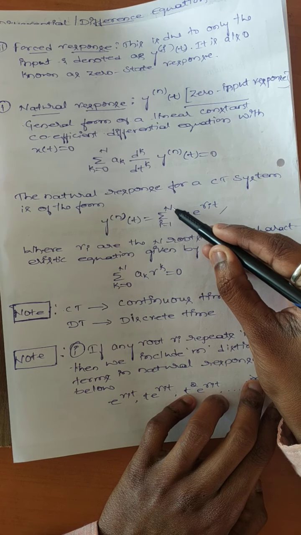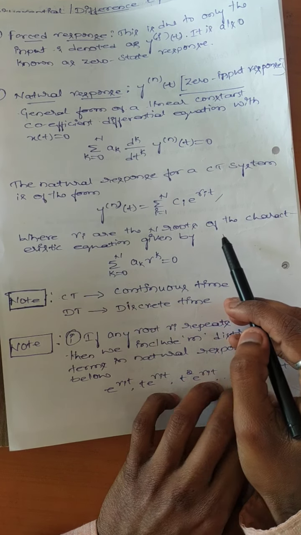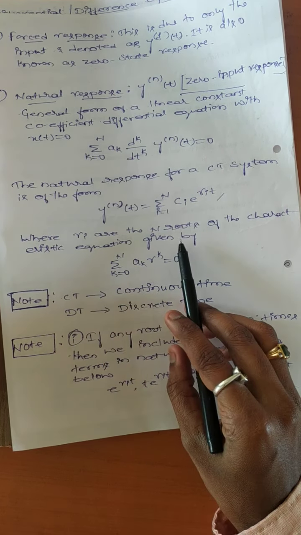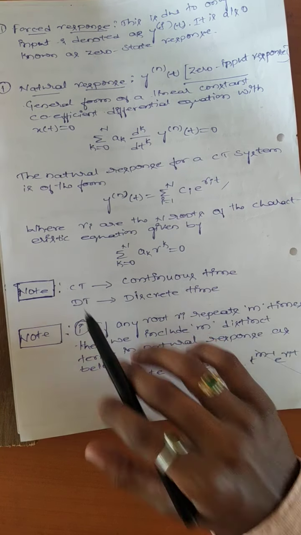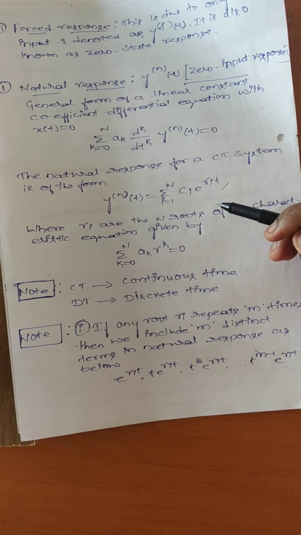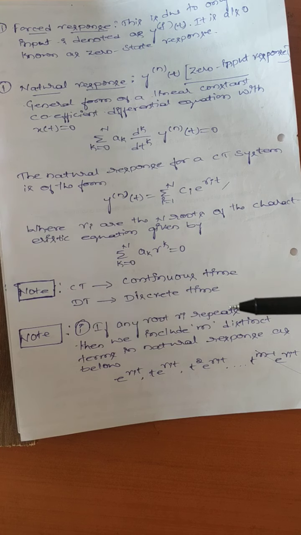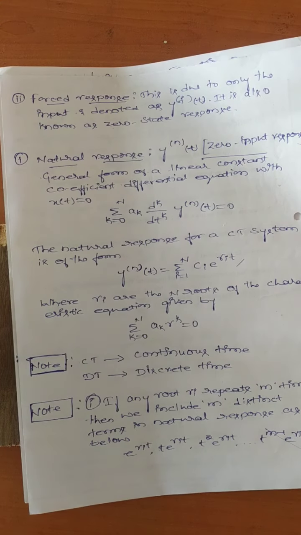Here ri are the n roots of the characteristic equation given by the sum of ak r to the power of k equal to 0. This is the definition of natural response. You just remember, it's a zero input response. You just have to make the input 0 when you are calculating the natural response of any given system. This is the basic information about the natural response.